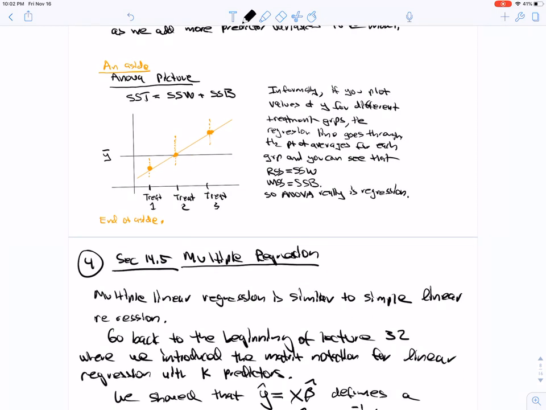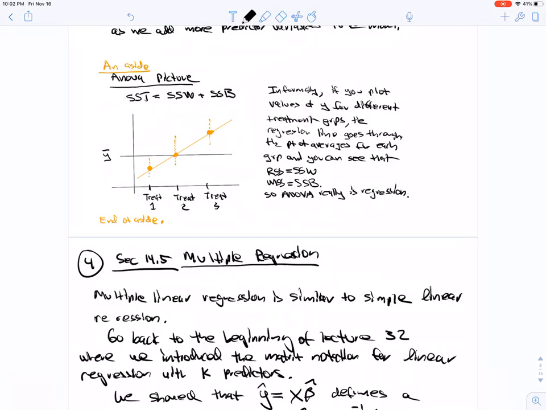And just an aside, ANOVA really is a special case of regression. I'm just going to talk about this informally. Essentially, if you imagine your X now is your different treatment groups, so this is not going to be a continuum of values. It's discrete, treatment 1, treatment 2, treatment 3, and for each treatment we have our different Y values.